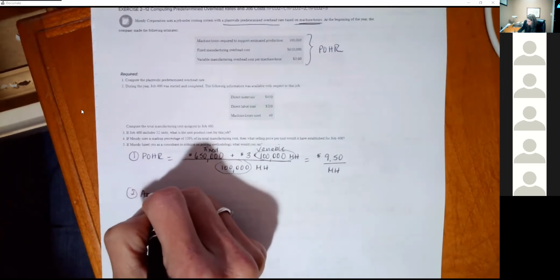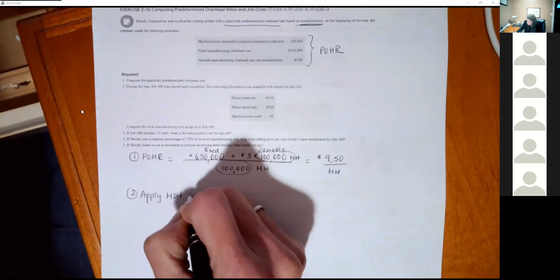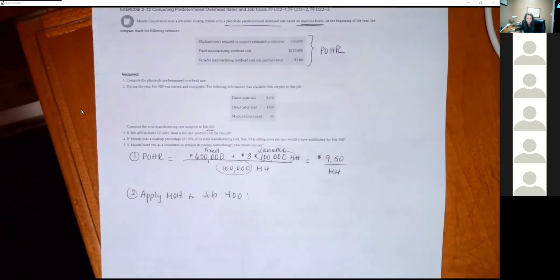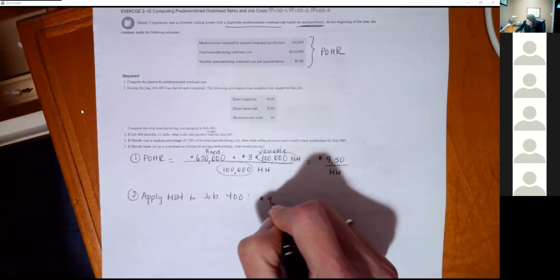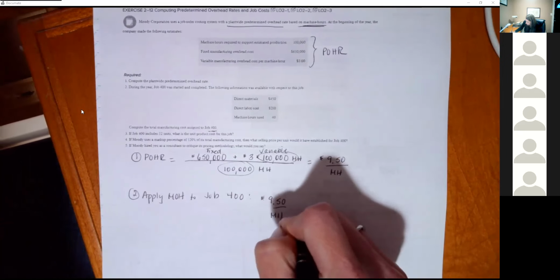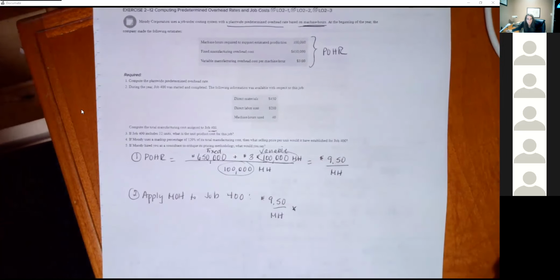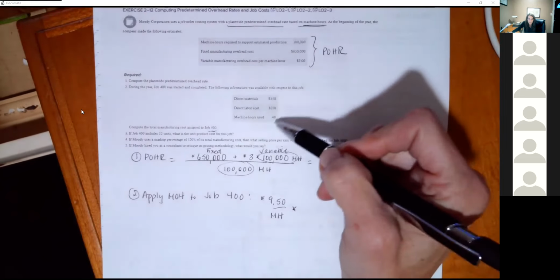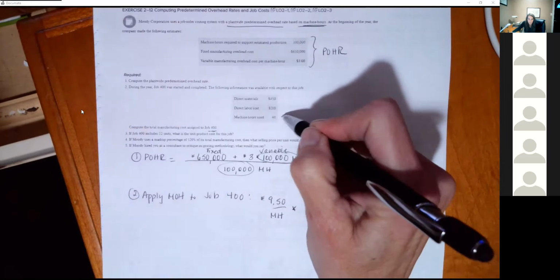Okay. So that's step one. Then step two, we're going to apply MOH to job 400. That's what it's telling me this job is called. So I take the 950 per machine hour, and what do I multiply that by? 40. Right, so down here we start looking at the job information, and we spent 40 hours.